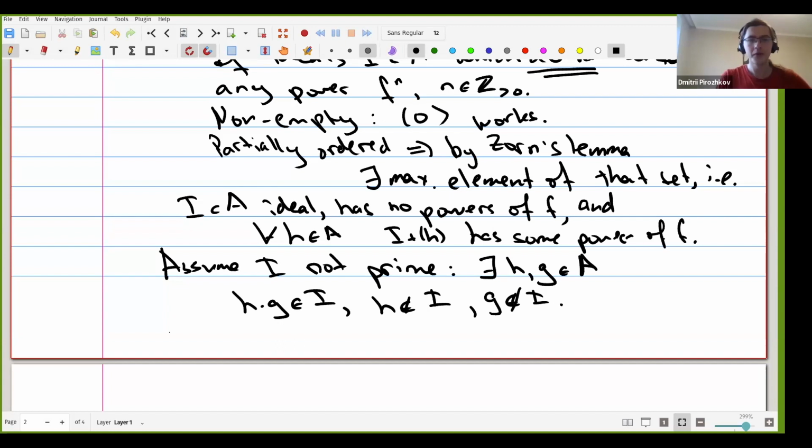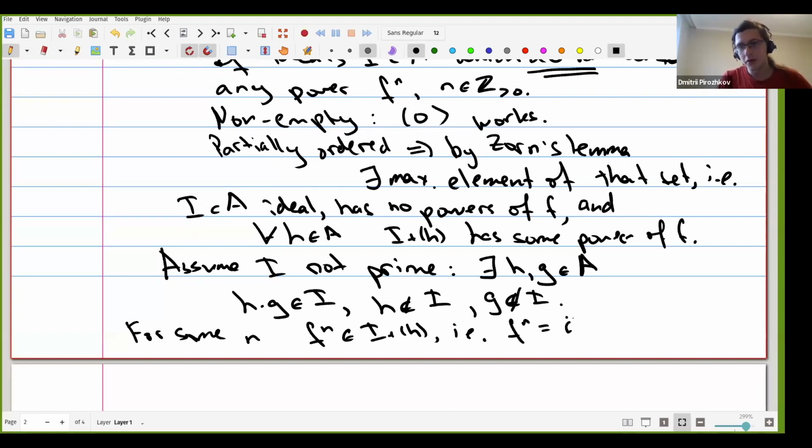So by the maximality, for some power n, we know that f^n lies in I plus (h). In other words, f to the power n is equal to some element of the ideal I plus a times h.